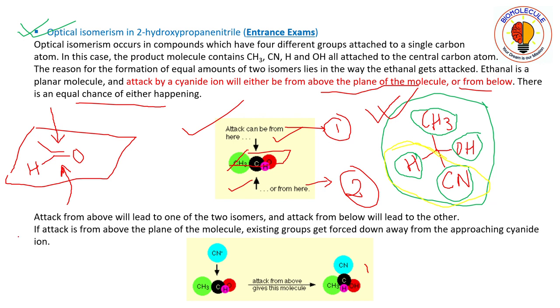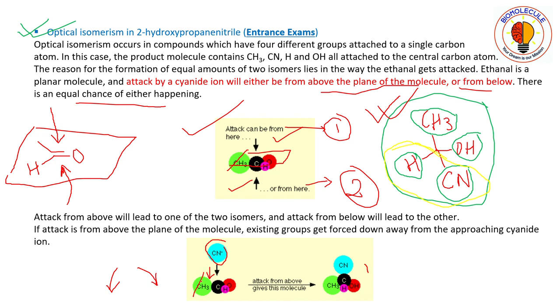If the attack is from above the plane of the molecule, the existing groups get forced down, away from the approaching cyanide ion. Cyanide ion has a negative charge, and all these bonds will also have negative charge. If the cyanide ion comes from the upward direction, all the groups in the plane will be pushed downwards.